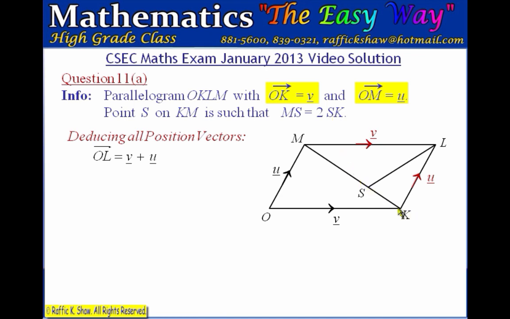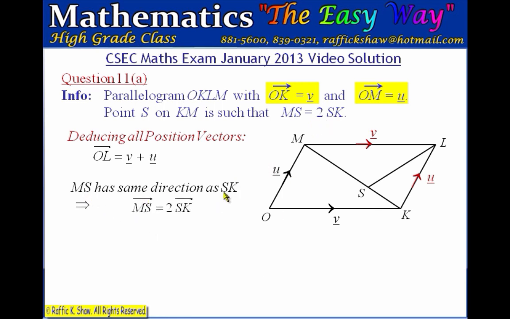SK is this way, and so MS and SK are in the same direction, and because they have the same direction, we can input the vector component into this scalar equation to convert it into a vector equation.